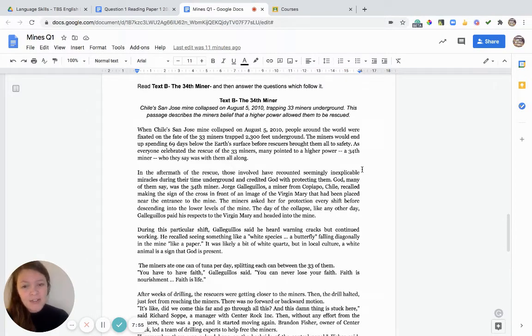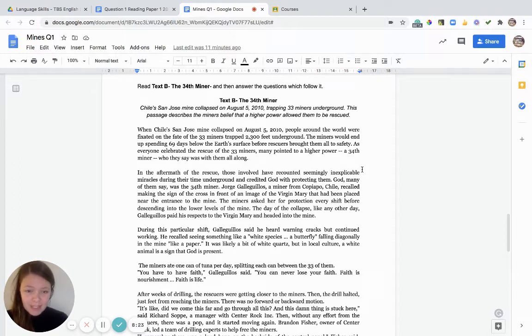In the aftermath of the rescue, those involved have recounted seemingly inexplicable miracles during their time underground and credited God with protecting them. God, many of them say, was the 34th miner. Jorge Gallegos, a miner from Copiapo, Chile, recalled making the sign of the cross in front of an image of the Virgin Mary that had been placed near the entrance to the mine. The miners asked her for protection every shift before descending into the lower levels of the mine.